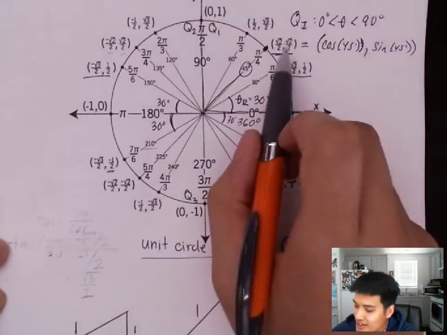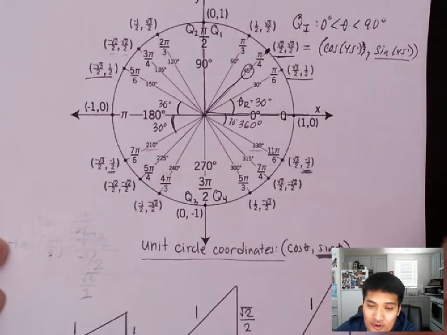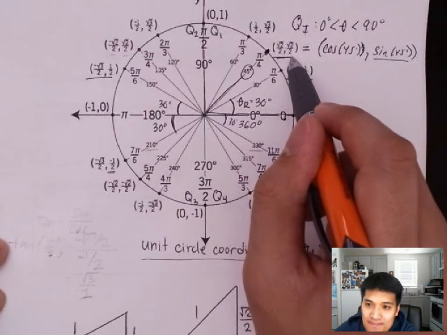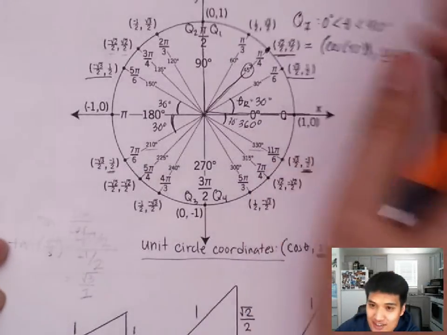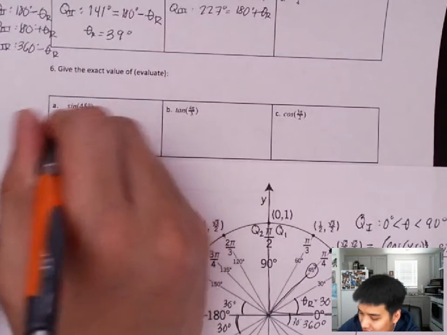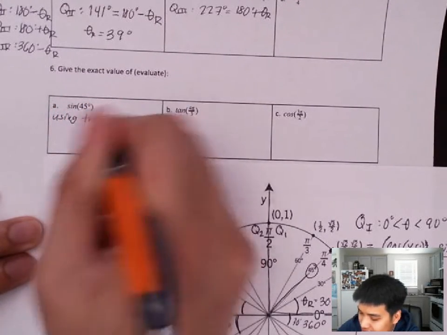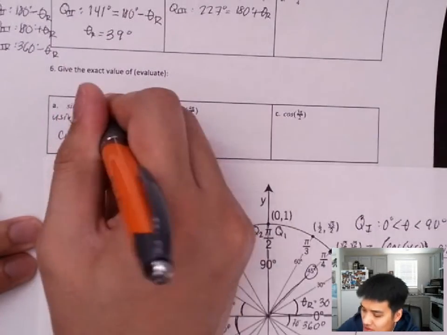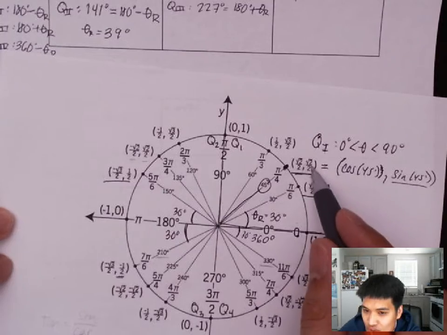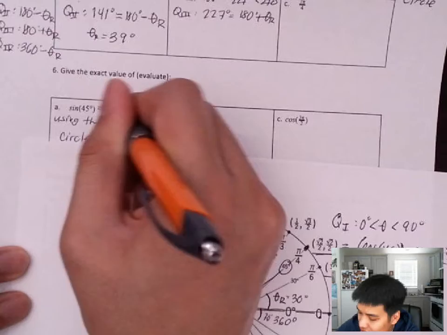So if I'm trying to figure out sine 45, all you need to look for is the value at the y coordinate. So the exact solution to this problem is essentially using the unit circle. Sine 45 degrees is essentially going to be root 2 over 2. So root 2 divided by 2.